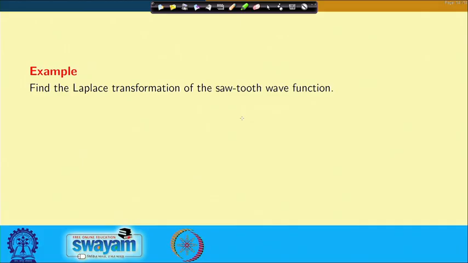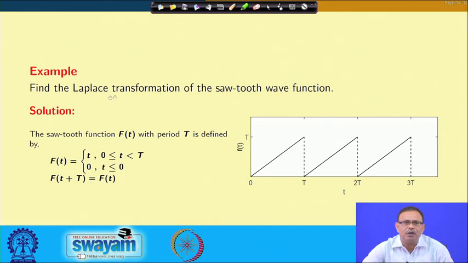Now, let us come to some examples. We want to find the Laplace transform of the sawtooth wave function. What is the sawtooth wave function? The sawtooth wave function is defined as f t equals t whenever t lies between 0 and capital T, and it is 0 whenever t is less than 0.